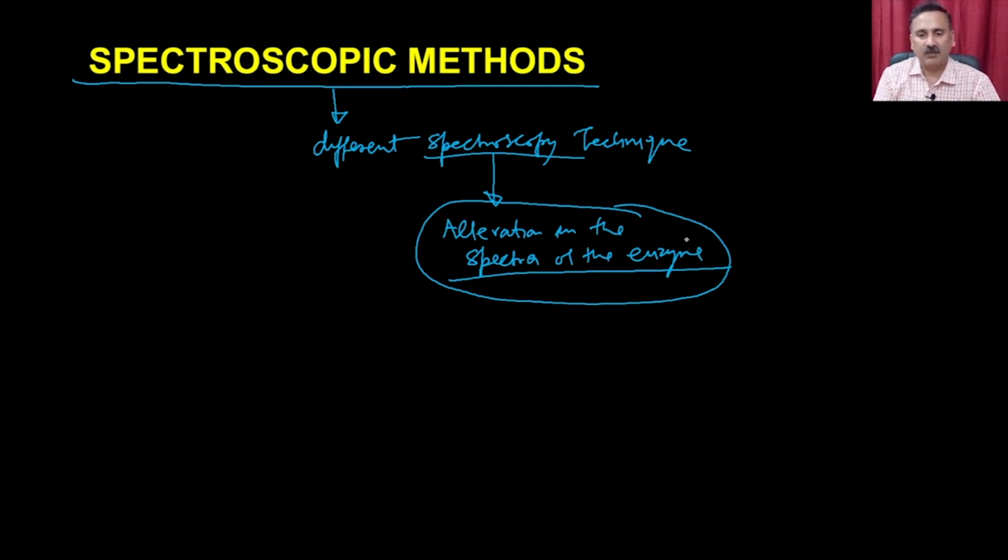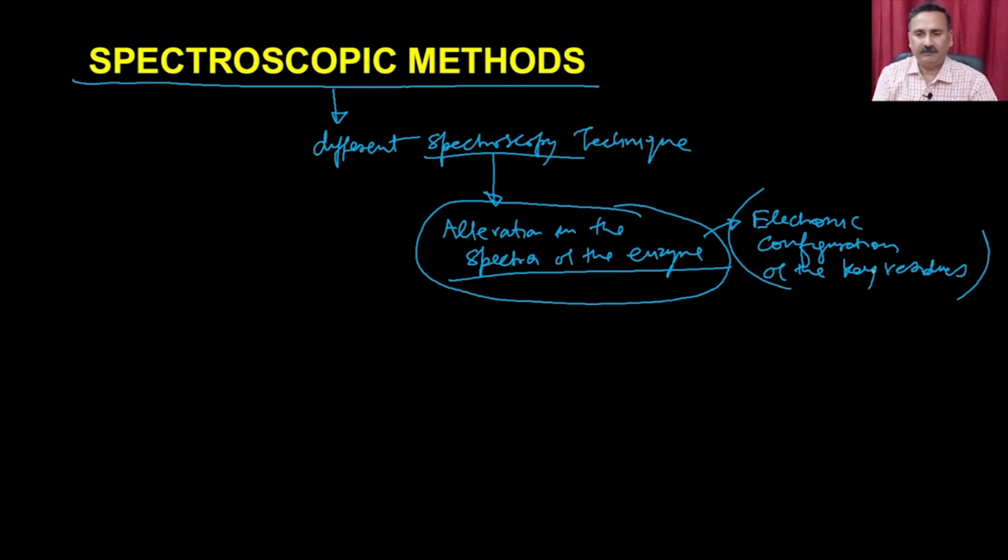One of the classical ways in which you can map that is a change in the electronic configuration of the key residues. So electronic configuration is mostly responsible.